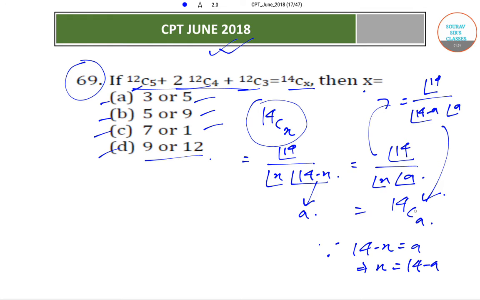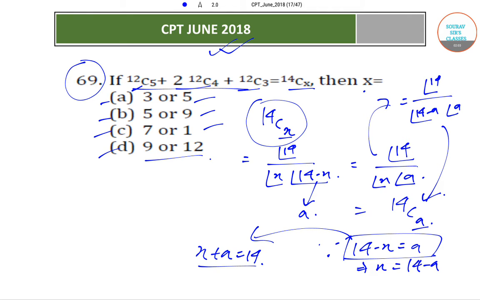So 14Cx is equal to 14Ca provided x plus a is equal to 14. So 14C1 will be equal to 14C13, 14C7 will be equal to 14C7, 14C6 will be equal to 14C8, and so on.